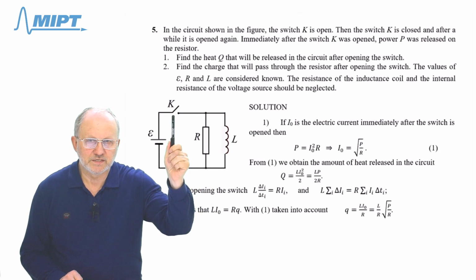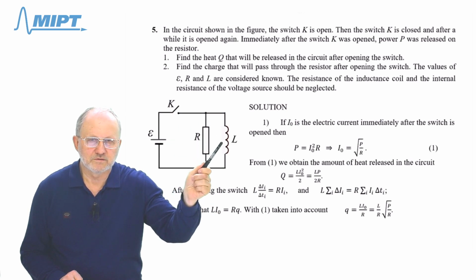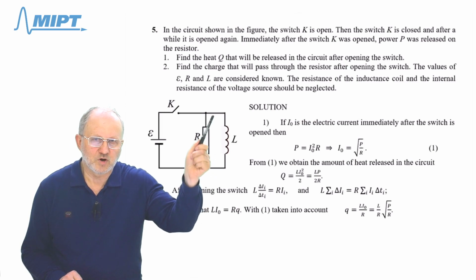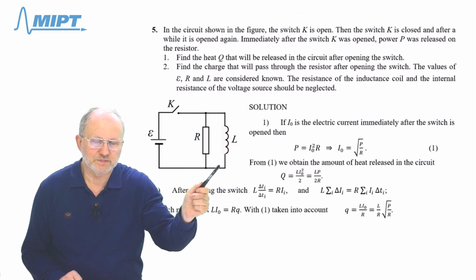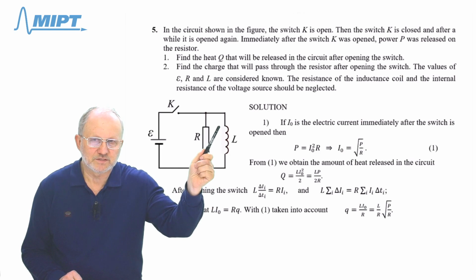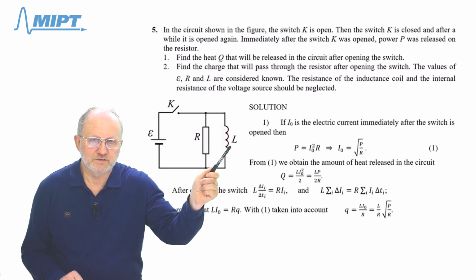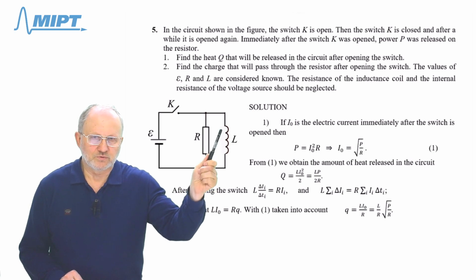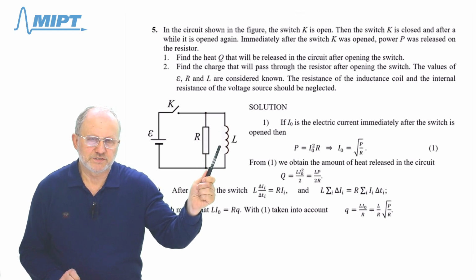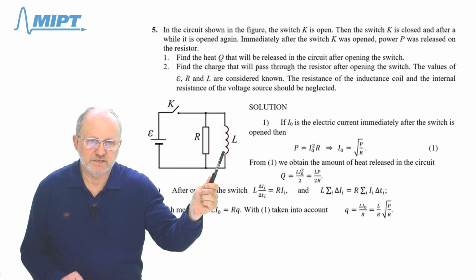As the switch K is open, this circuit is operating and the current flows in this circuit. And the source of current is the coil, which acts as a source of current because of the Faraday law of magnetic inductance.